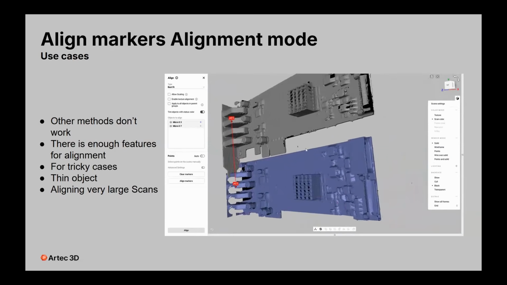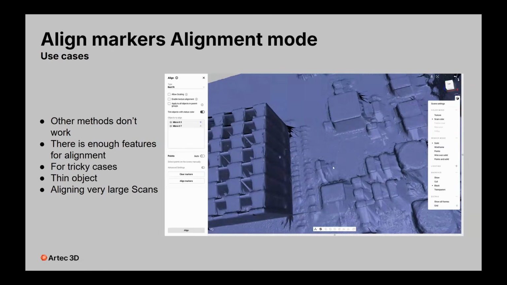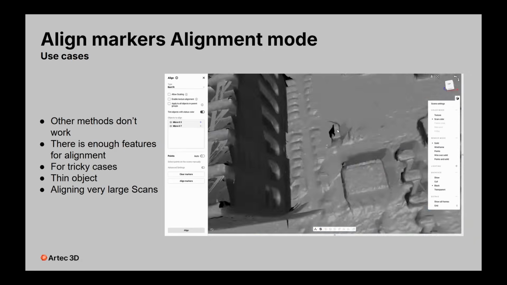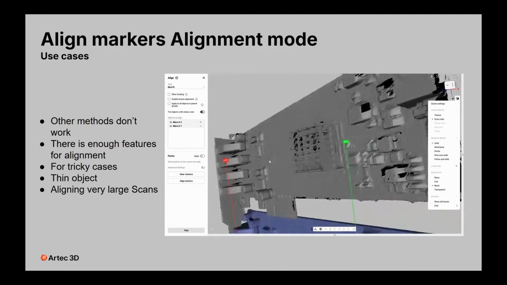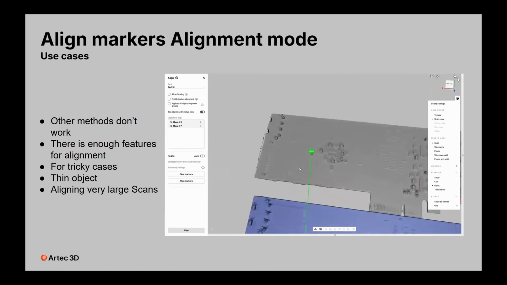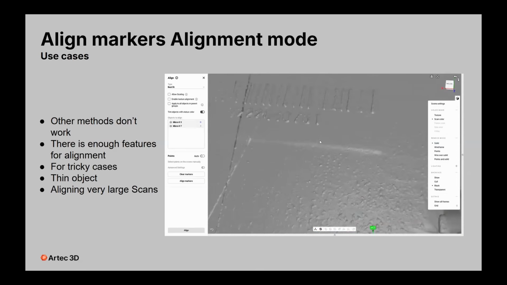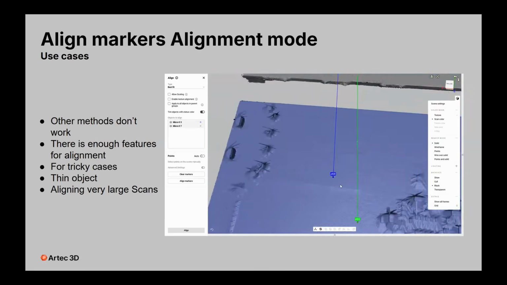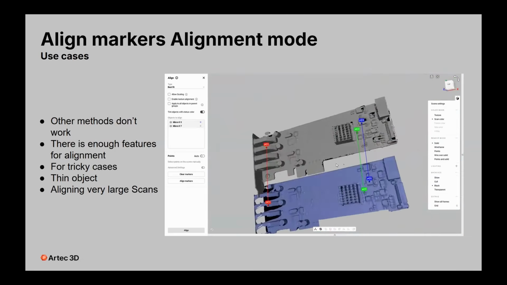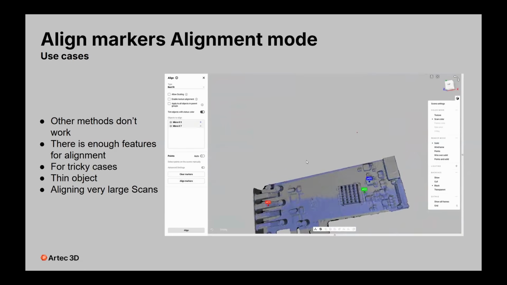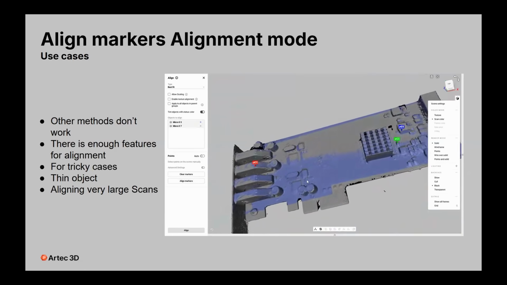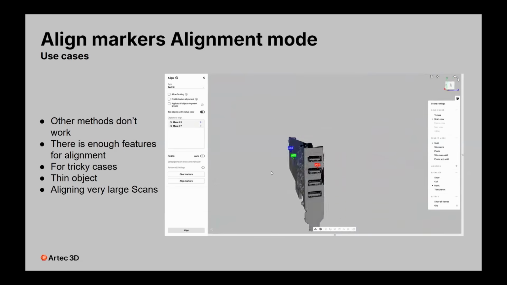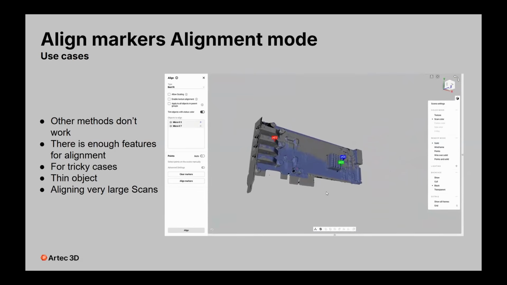In these cases, you may see that the manual alignment might fail. As you can see, we have this PCB, which is pretty thin, so the manual alignment doesn't work the best here. It's easier for me to use the align markers mode to get this sort of rough alignment, which I'm going to fix later on with different tools. That's the first use case of this mode.